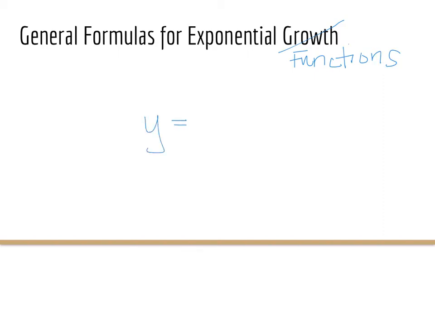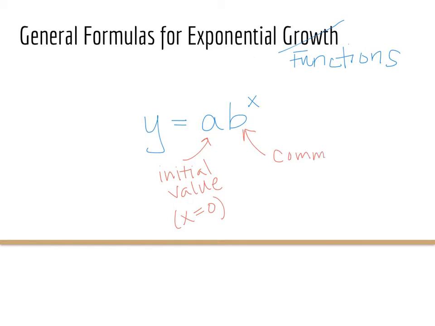Y, or again we could use f of x or g of x, y equals a times b to the x power, where a is the initial value, where x equals 0, and b is the common ratio, what's happening to the y values from one to the next.